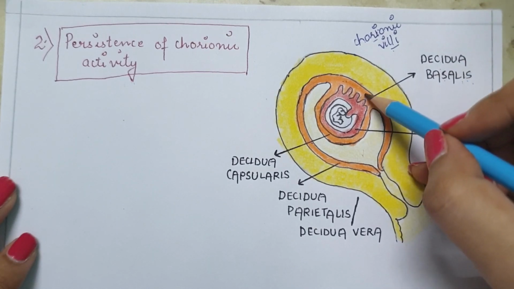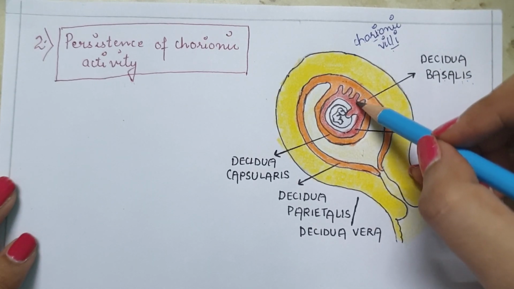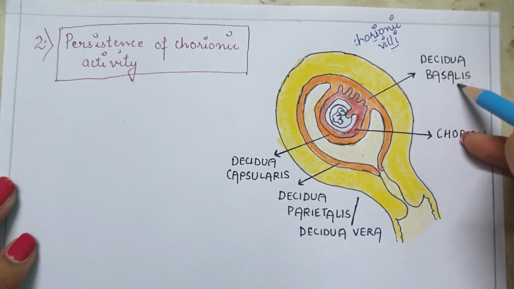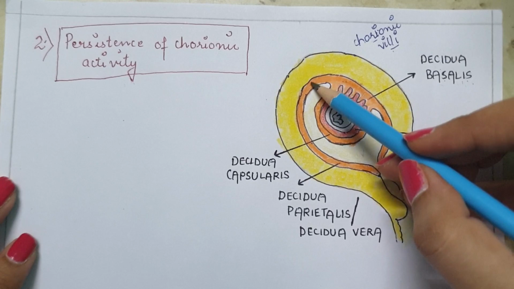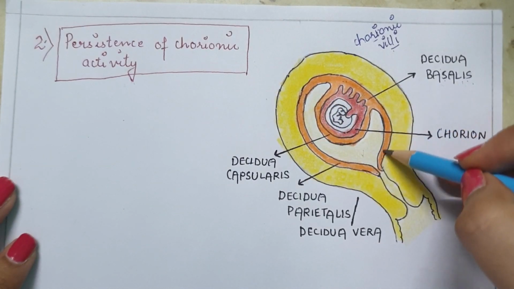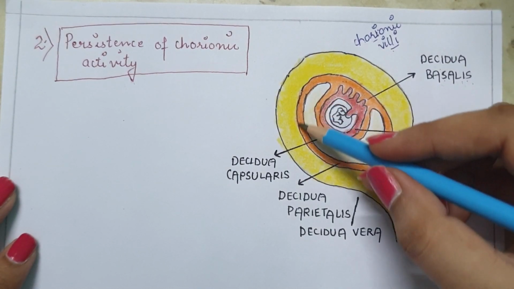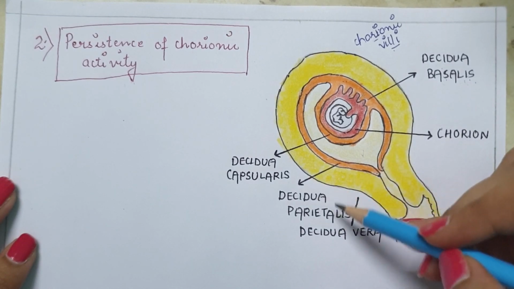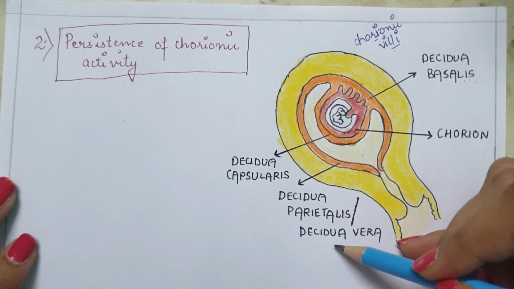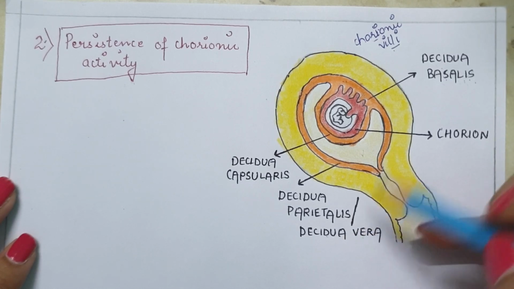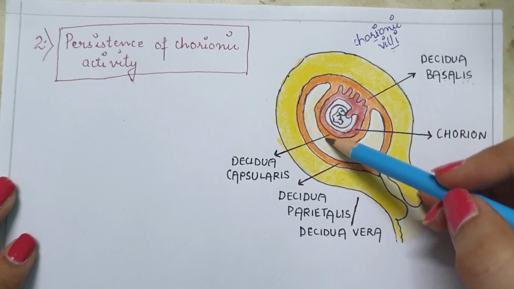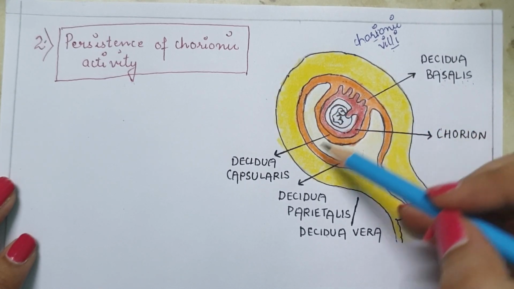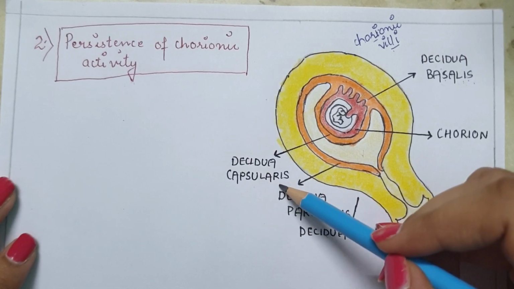The decidua which participates in the formation of the placenta is known as decidua basalis, while the rest of the decidua lining the uterine cavity is known as decidua parietalis or decidua vera, while the decidua which covers the embryo is known as decidua capsularis.